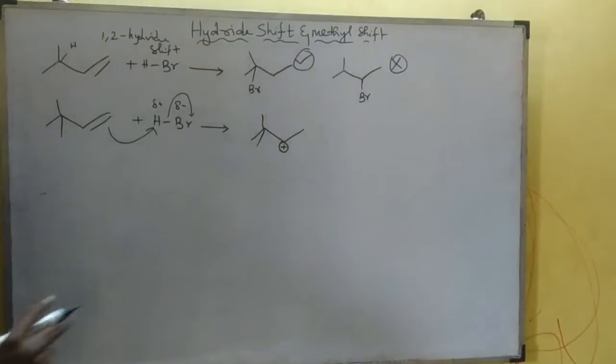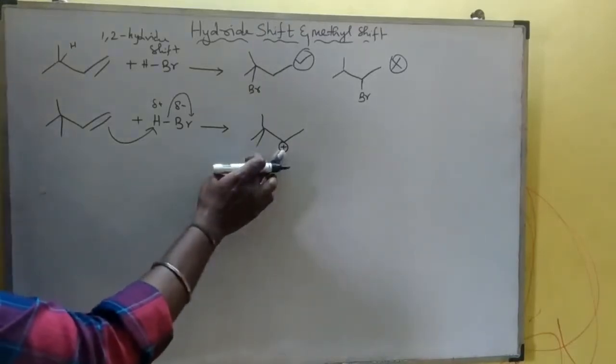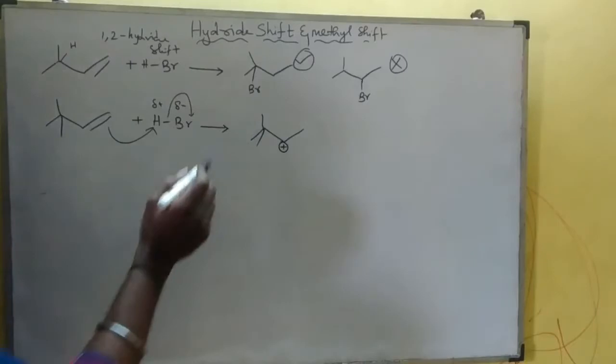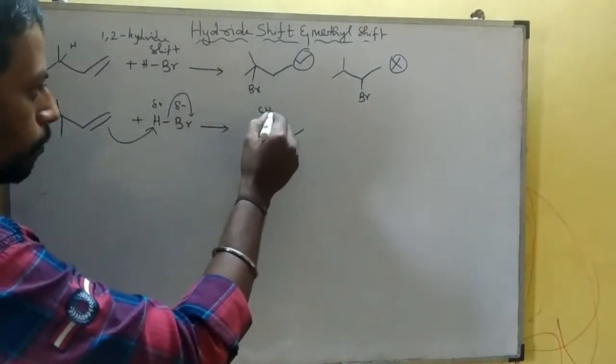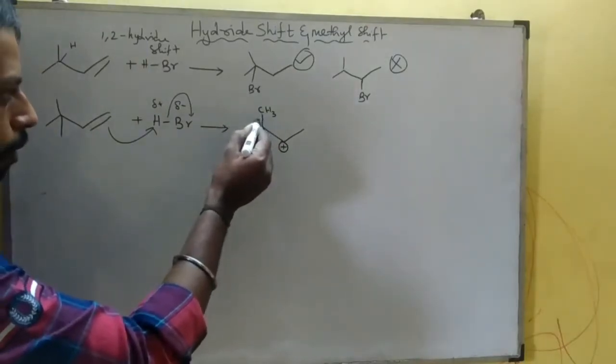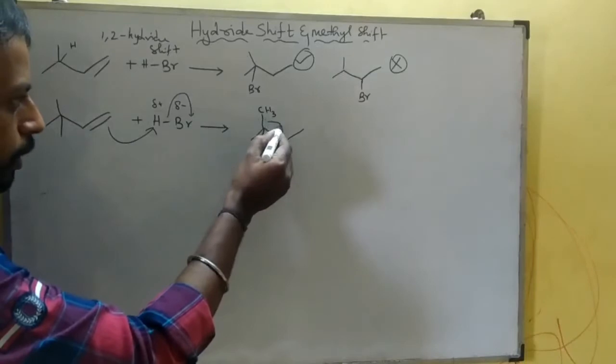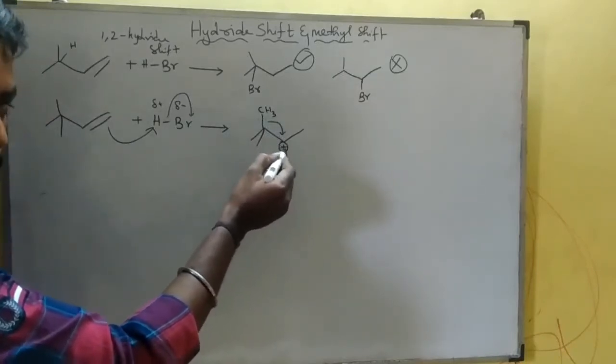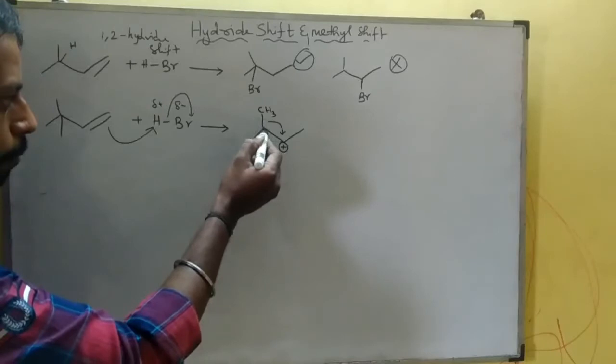Now let us see whether this carbocation can rearrange itself to form a more stable, tertiary carbocation, by using certain shifts. Here we have one methyl group. This alkyl group, along with its electron pair, shifts to this carbon to satisfy its positive charge. Therefore, this carbon gets the positive charge now.